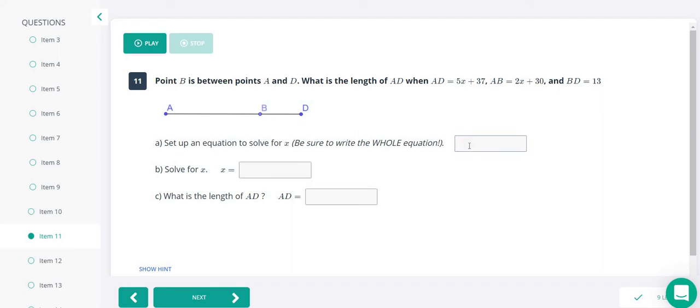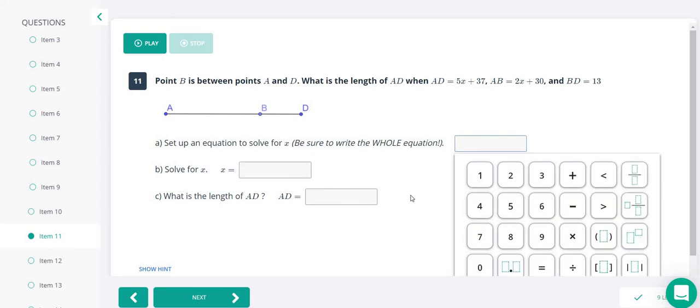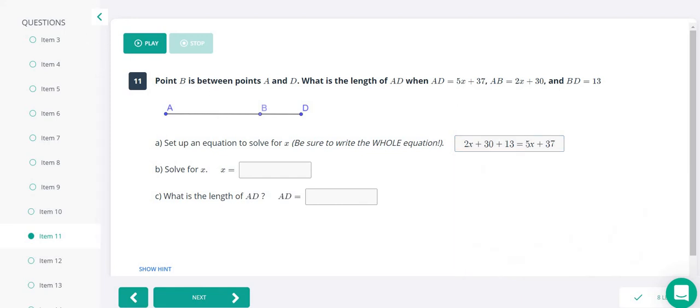So for our equation here, it's going to be the one part AB, which is 2x plus 30, plus the other part BD, which is 13, so plus 13, equals the whole line AD, which is 5x plus 37. So that's going to be your equation. Now we just need to solve it.